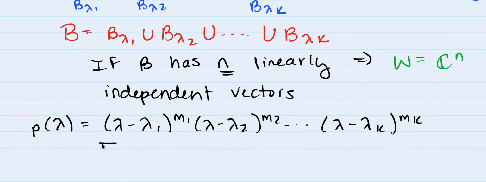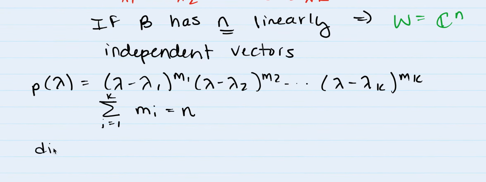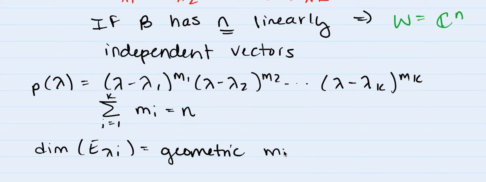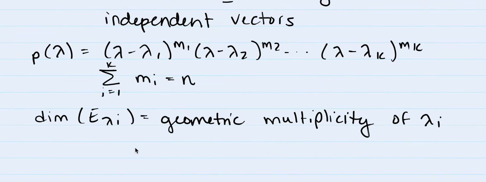And we said that the sum of these mi's, i from 1 to k, is equal to n. And we said that the dimension of each eigenspace is the geometric multiplicity of the eigenvalue lambda i. And we said that the geometric multiplicity is greater than or equal to 1, and less than or equal to the algebraic multiplicity, which is these mi's.